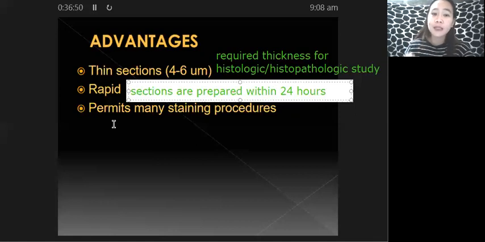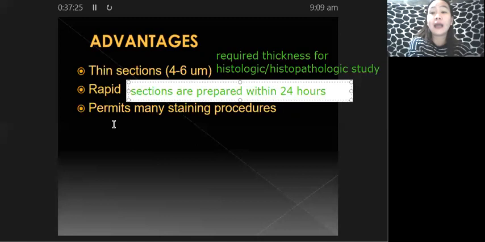So it permits many staining procedures, which is also important because the type of staining procedure that you're going to use later on depends on the type of constituent or tissue component that the pathologist would like to see under the microscope. So this serves as an advantage for your paraffin wax because it is compatible with many staining techniques.